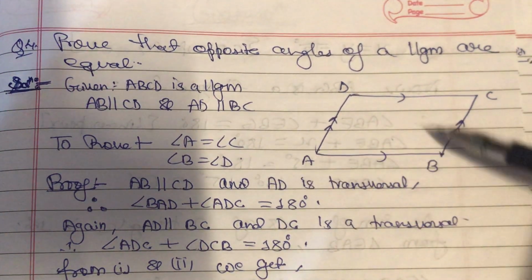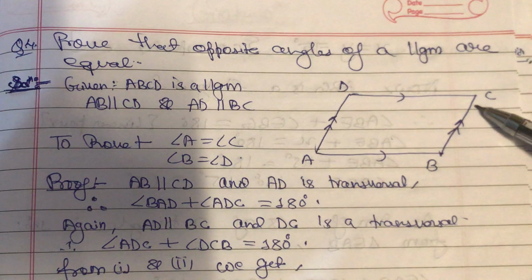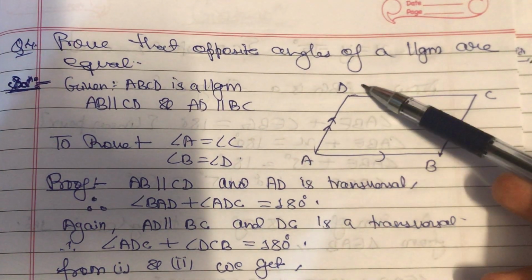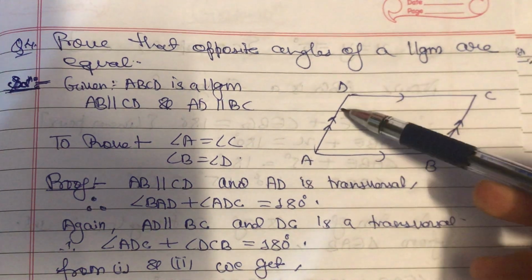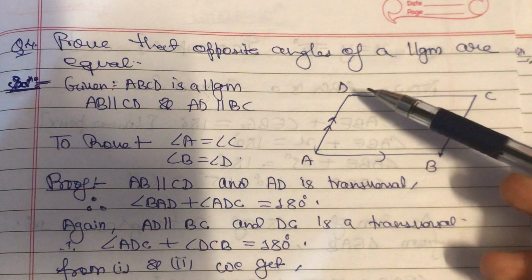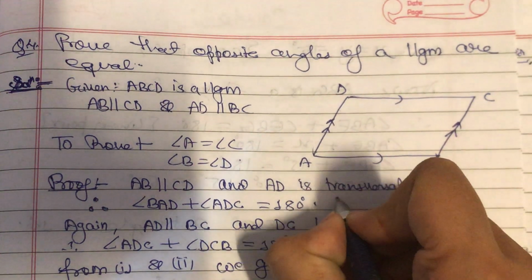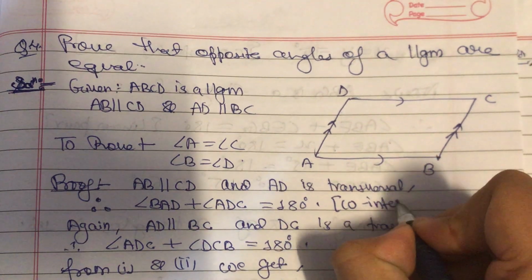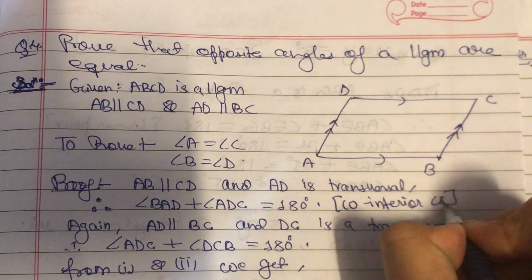Now it is given that AB is parallel to CD and AD is the transversal, right? So I can say that BAD plus ADC, this angle plus this angle, is going to be 180 degrees. Why? Sum of co-interior angles. If you're writing it, write the reason behind it. Co-interior angles.